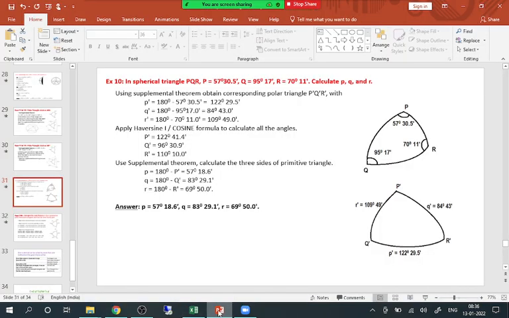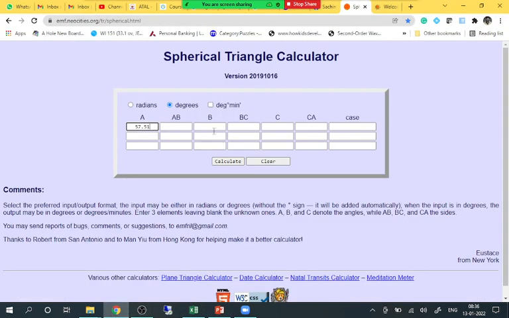Next, capital Q. Capital Q is 95 degree 17 minutes. 95 degree 17 minute, and I will take shift and that button. 95.28. If anyone has a doubt, yes, you can ask me here.